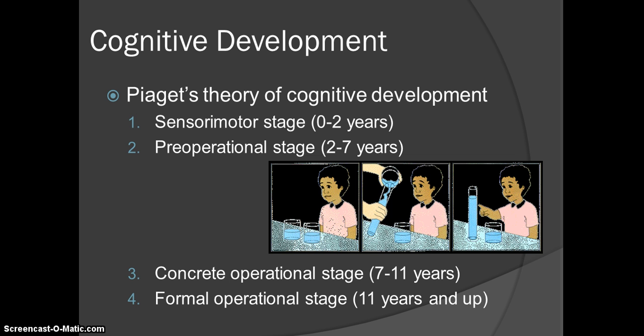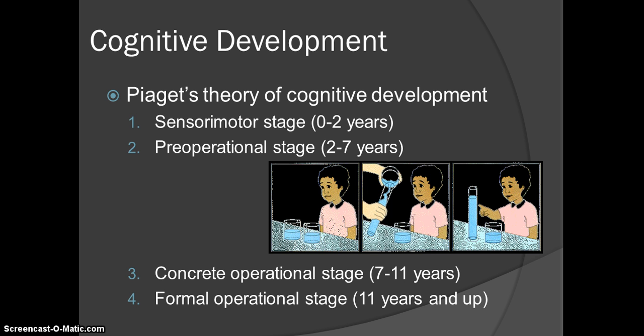For example, if you're playing peekaboo with a child, or you put a toy in front of the child and then hide it, a child between 0 and 2 years old will believe that the object stopped existing because it's no longer in their point of vision.